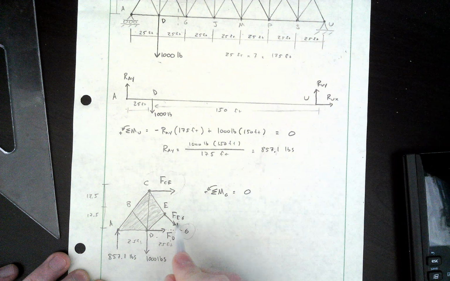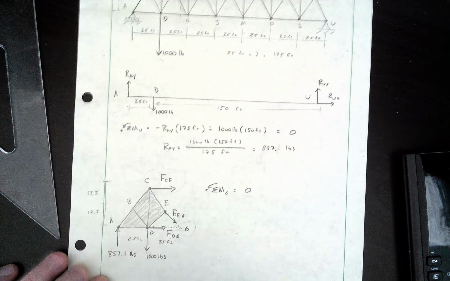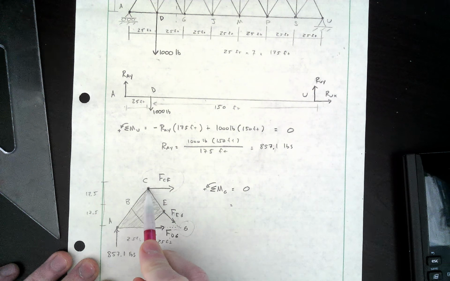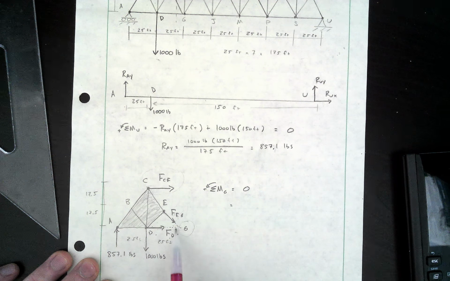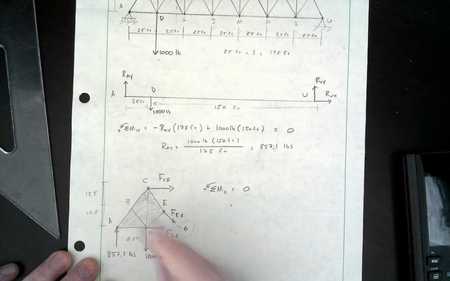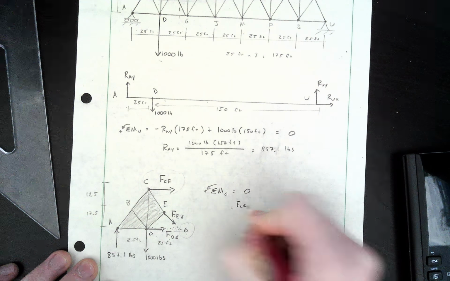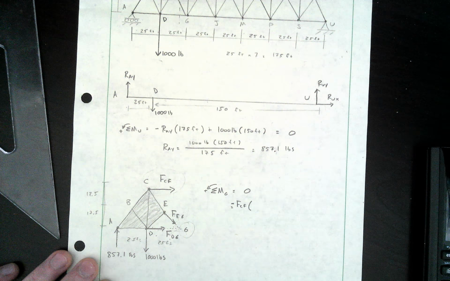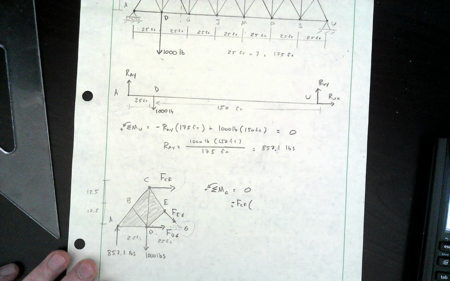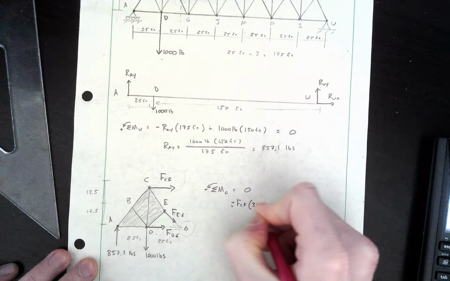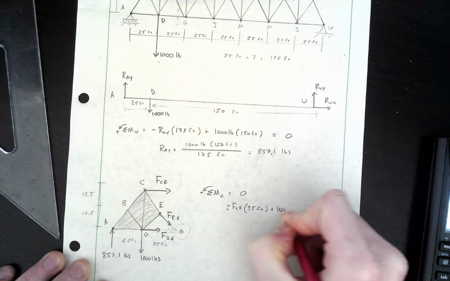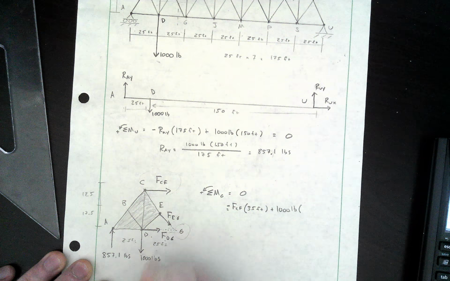So again, FEG, FDG are not causing a moment about G. So we're going to now find the moment about G. So FCF is going to cause a moment in the clockwise direction about G. So it's going to be negative FCF because it's clockwise, times 2 times 17.5, which I believe is 35, yes, 35 feet. And then we're going to have 1,000 pounds, which is going to cause a force in the counterclockwise direction, times 25 feet away from G.